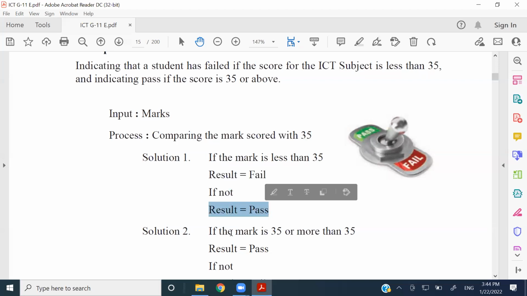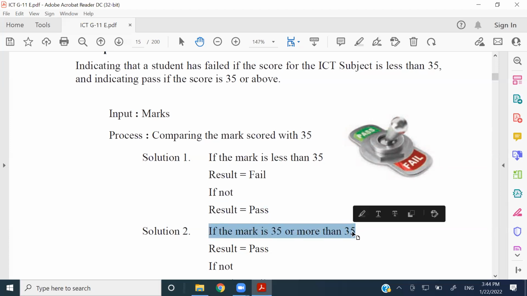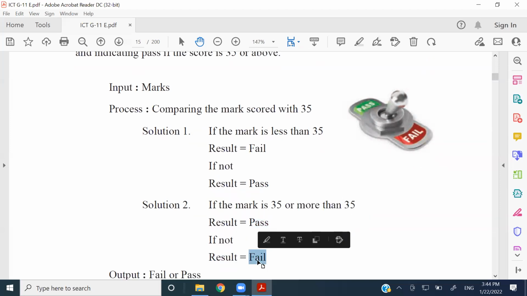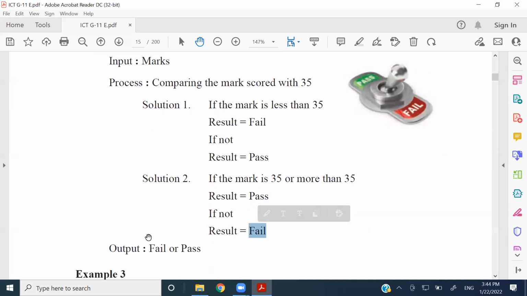And someone can have the condition like if the mark is 35 or more than 35, that means more than or equal to 35. So if the mark is more than or equal to 35, the result is given as pass. And if not, the result is given as fail. So the output will be the word fail or pass according to the marks that they are inputting. So the same input, same output again, right? When the marks are given, it will show whether you are pass or fail, but the approaches, the solutions are different.